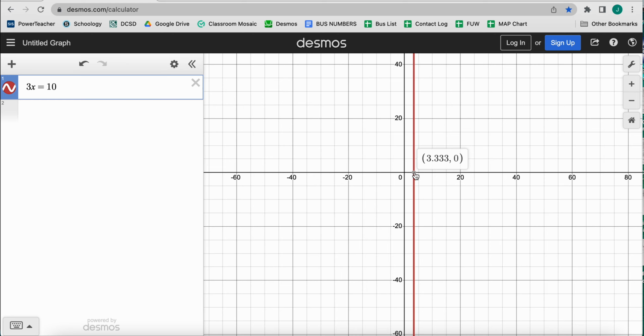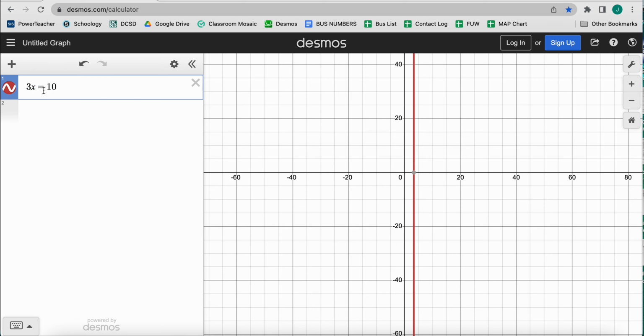The value of x in this equation over here, 3x equals 10, is this first number of the ordered pair. It's 3.333. Now this is actually 3.3 bar, or you can consider it 3 1/3, but however you like to think about it, that is what the answer is to this equation.